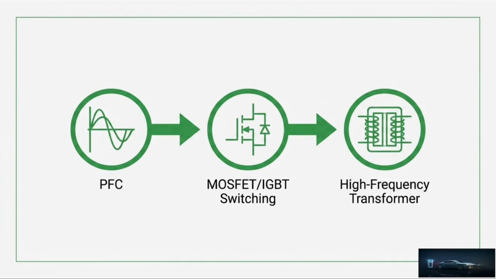This creates water pulses, right? The pulses allow the transformer to work efficiently. Then high frequency pulses make the transformer much smaller and more efficient.